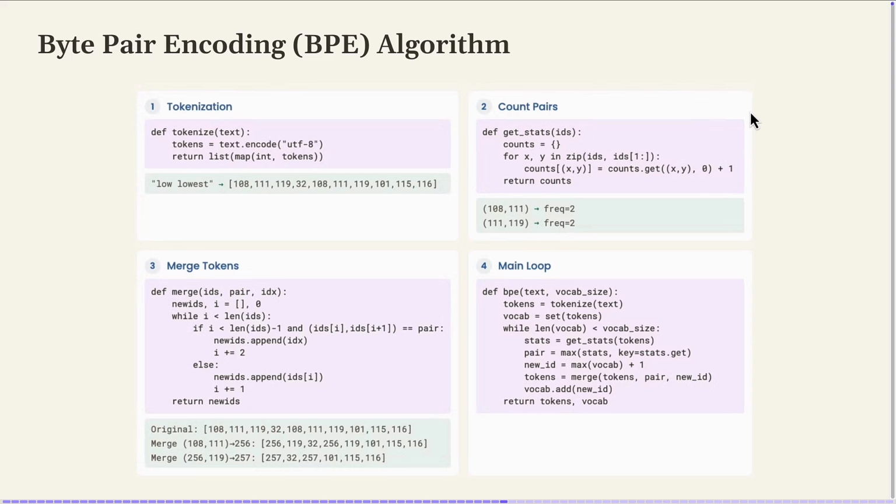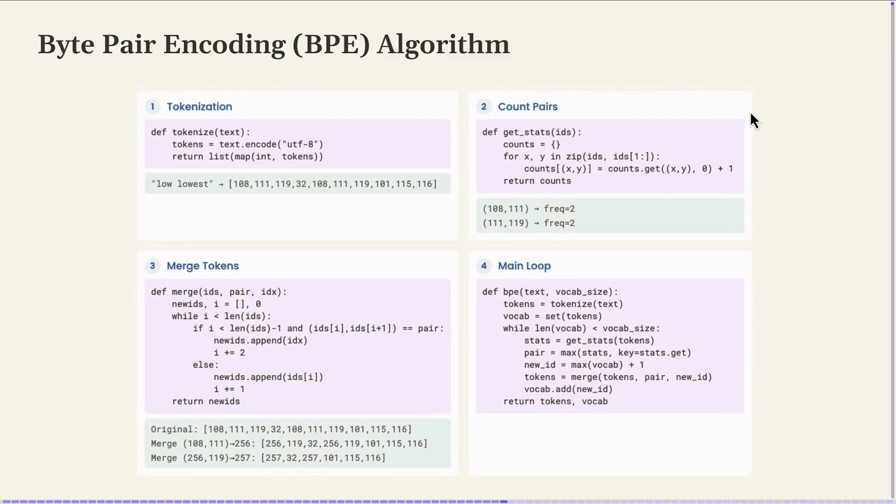Based on this, how do you apply the algorithm? Just look at the first part here. What pair of tokens is most frequent, 108, 111? So we come here to get statistics, to find the most common pair of tokens.